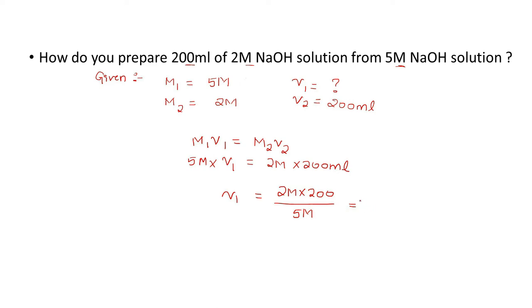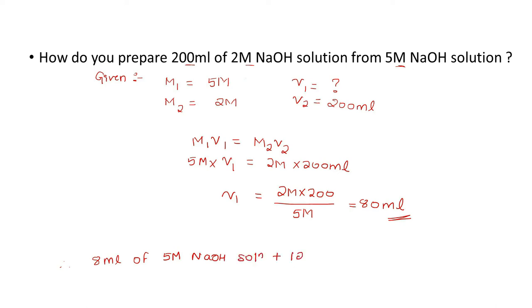So what will be the answer? Answer is 80 ml. So you need to take out 80 ml of 5 molar NaOH solution, and then to that you have to add 120 ml of distilled water in order to make 200 ml of 2 molar NaOH solution. So you need to take 80 ml of 5 molar NaOH solution.